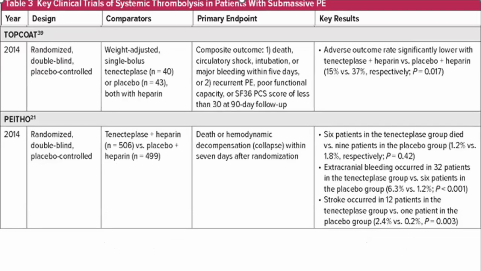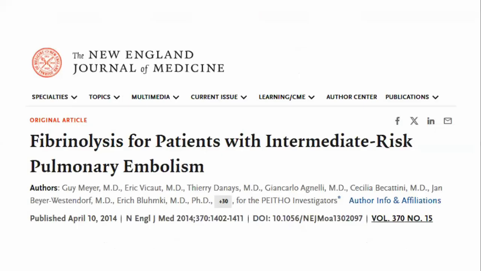And if we want to really go into the PEITHO trial, the fibrinolysis for patients with intermediate-risk pulmonary embolism, they actually showed that thrombolysis does not affect chronic pulmonary morbidity. So that makes it really nice for us.